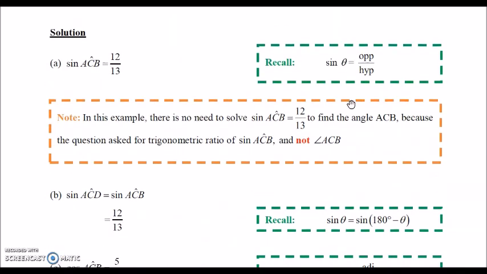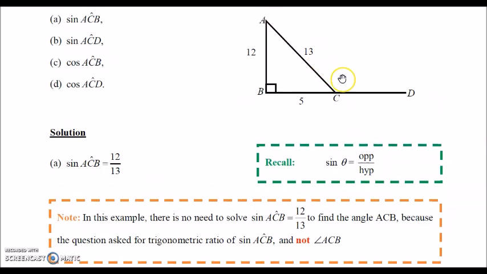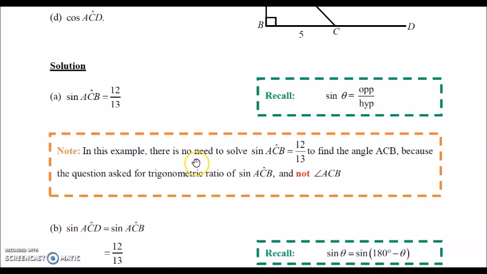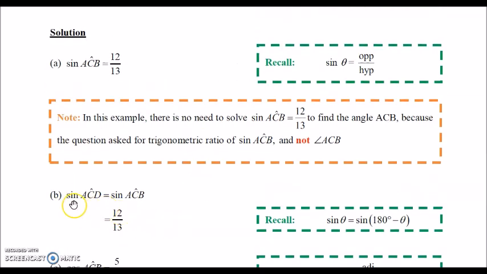So sine of angle ACD would actually be equal to the sine of this acute angle ACB. Sine of angle ACB is what we found in part A, which is 12 divided by 13. So this will be my trigo ratio for sine angle ACD. This is what we have just learned earlier.